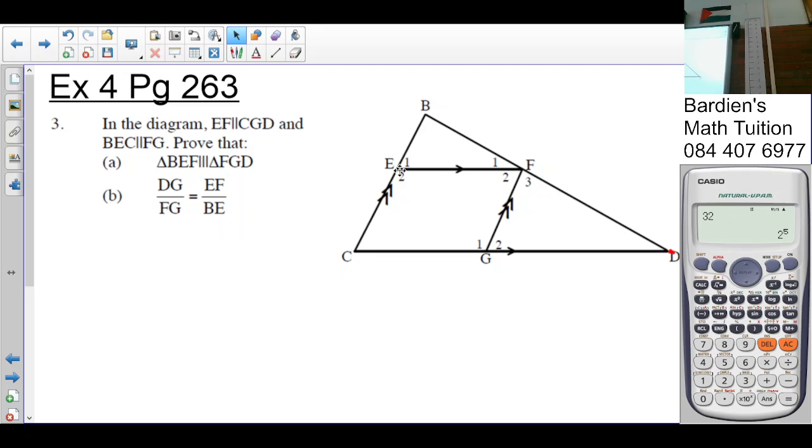The question says prove that. So how do we start off by prove that question? Oh, we are also told that these lines are parallel. If those lines are parallel, then angle C is equal to angle G2. What else do we know? E1 is equal to? No, that is because those lines are parallel.